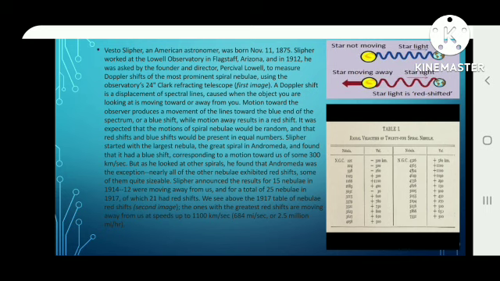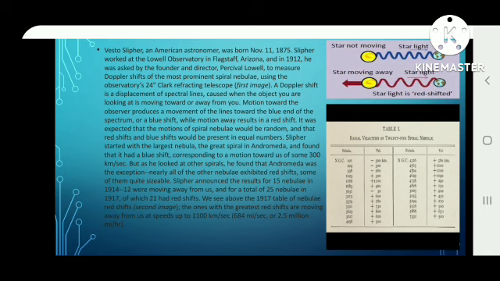Slipher started with the largest nebula, the Great Spiral in Andromeda. The Andromeda galaxy is in the neighborhood of our galaxy, the Milky Way, and he found that it had a blue shift. So Andromeda is close to us. When we look at it through the telescope, it is not really moving away from us. It is blue shifted because it is near our galaxy, the Milky Way.